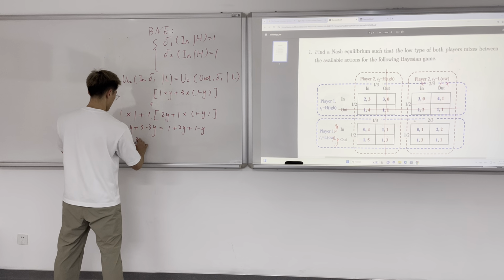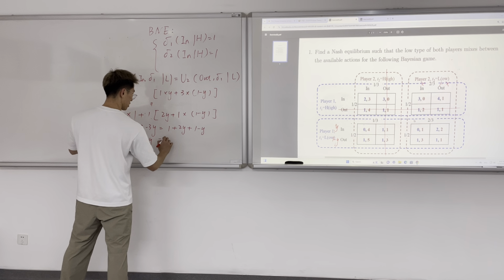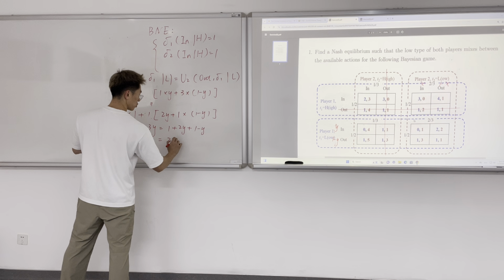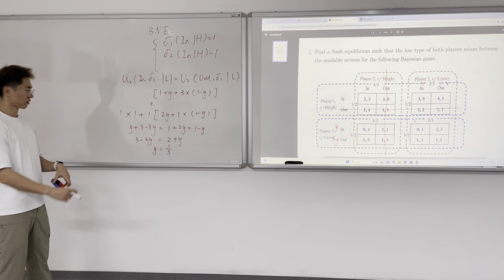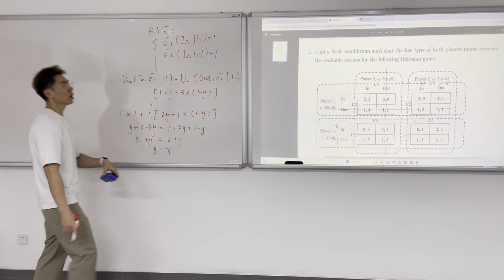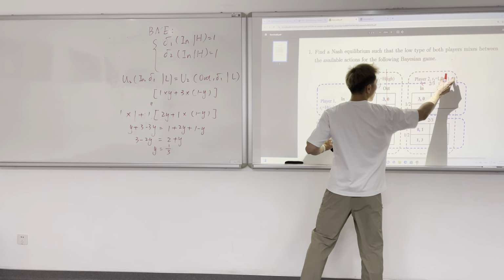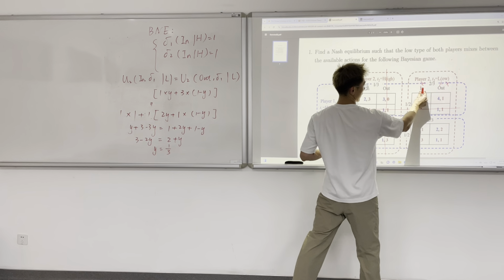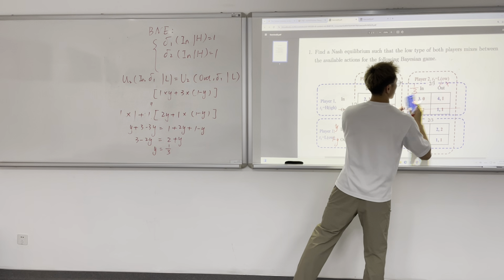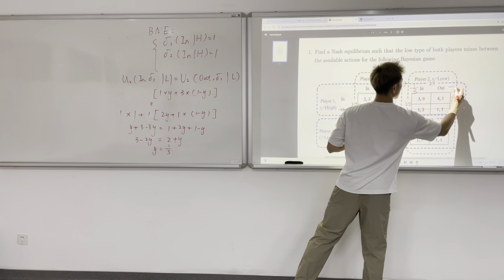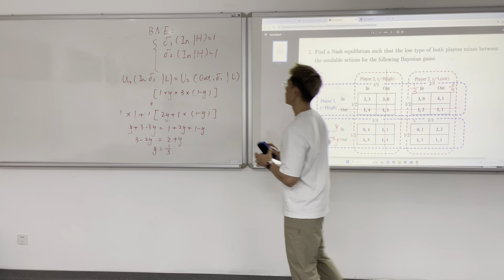And this is 3 minus 2y equal to 2 plus y, and that is y equals to 1/3, right? So the possibility of low type player 2 playing in is 1/3. And so playing out 2/3.